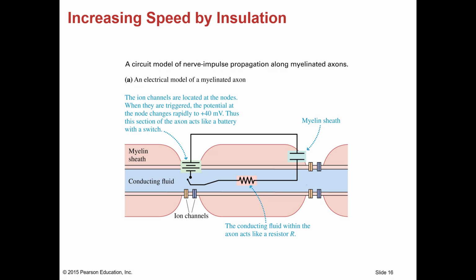Basically these ion channels are mostly concentrated at these nodes of Ranvier. So this is the node. You see these channels are all concentrated at nodes of Ranvier. And we also know these channels cause the potential difference inside and outside the cell.